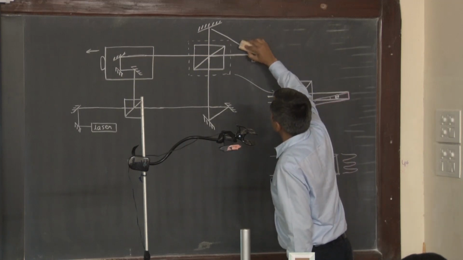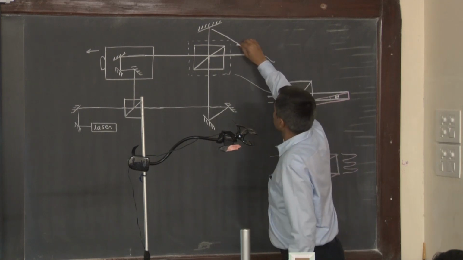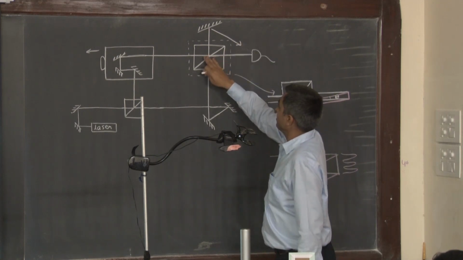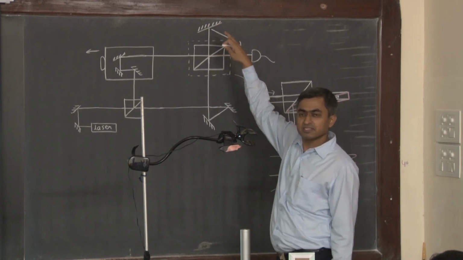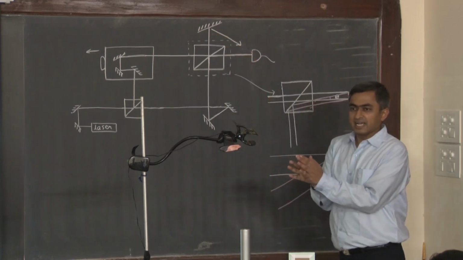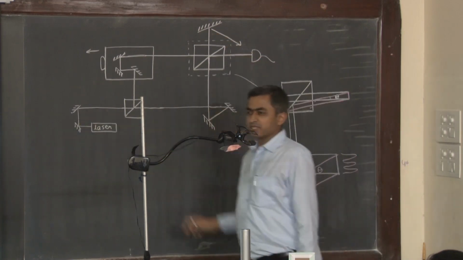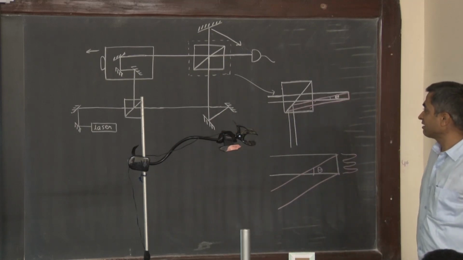I said in principle, some of it will go this way, and some of it will go that way. Conservation will require that the energy going here and there has to add up to what was being sent from the laser.